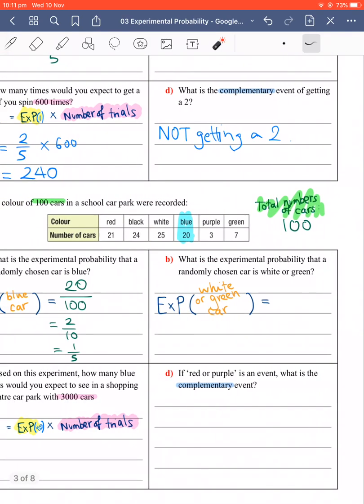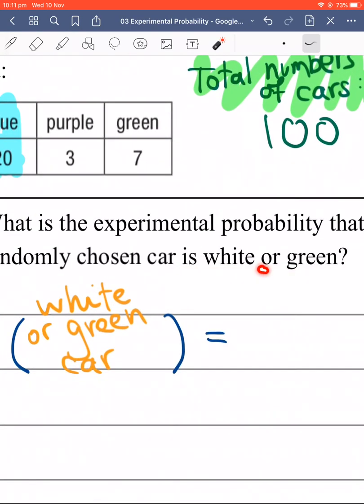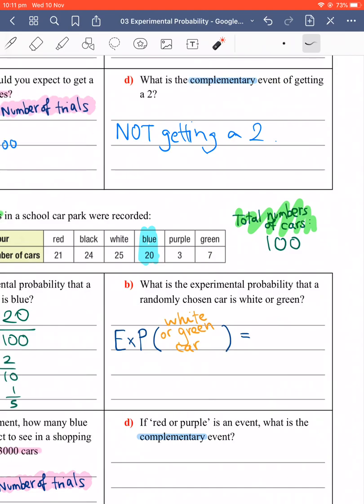Next one we have experimental probability that a randomly chosen car is white or green. Remember when we have this word or, it means I add both of these together to see the total number. So I can see that my white is 25 and my green was 7.